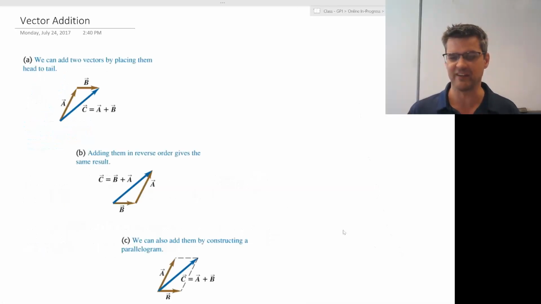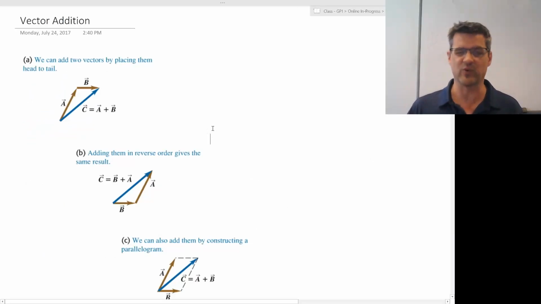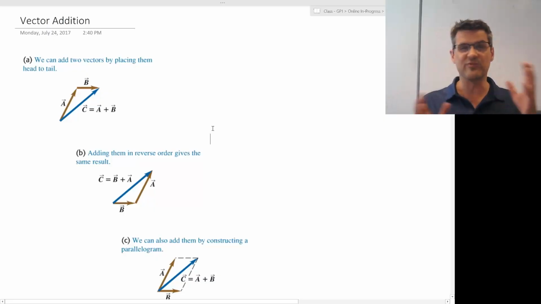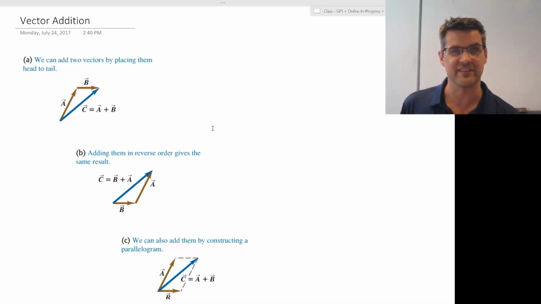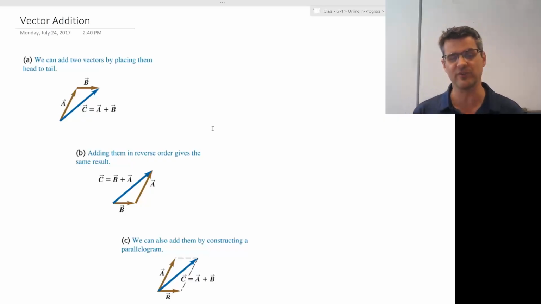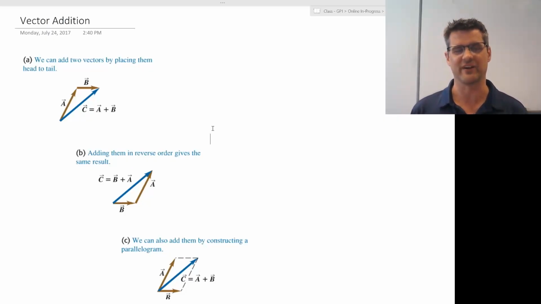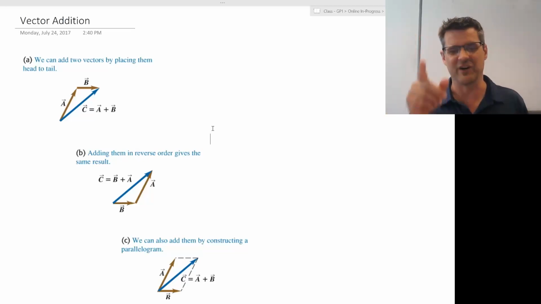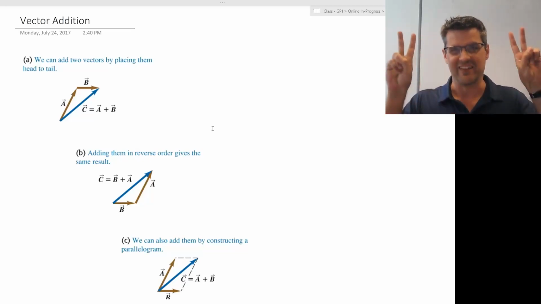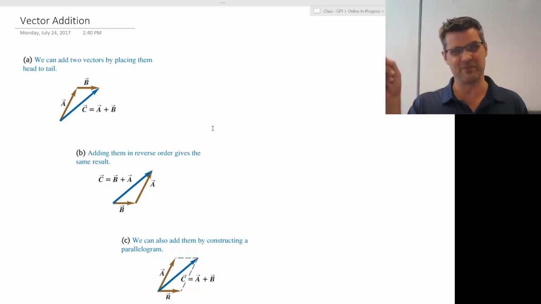Now that being said, now that we know about vector equality and that I can move vectors around, how would we add vectors together? And really what we're doing is very much what we're doing as we move around on a map. We might go in some particular direction for some distance, and then we go and do something else, and then we go and do something else.